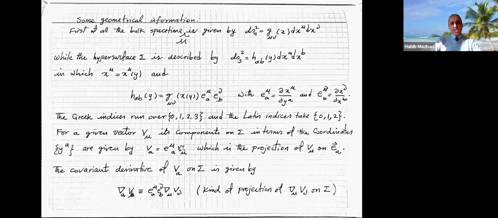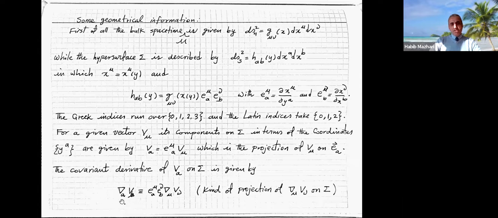And any vector VA in the space, its projection, or let's say its effect, or its shadow on the hypersurface, is given in this form. Actually, this is very much like elementary vector analysis.